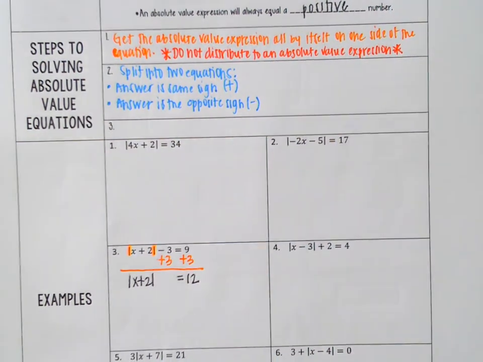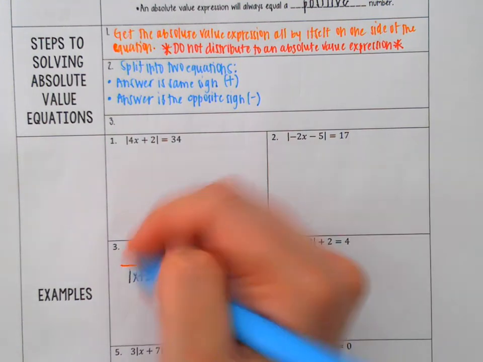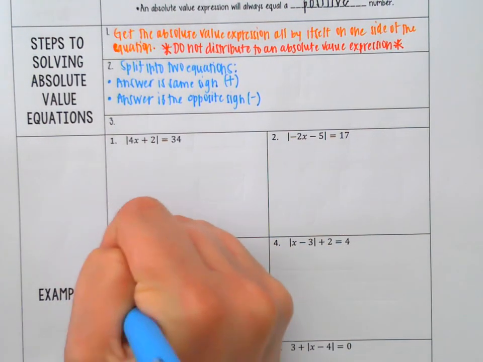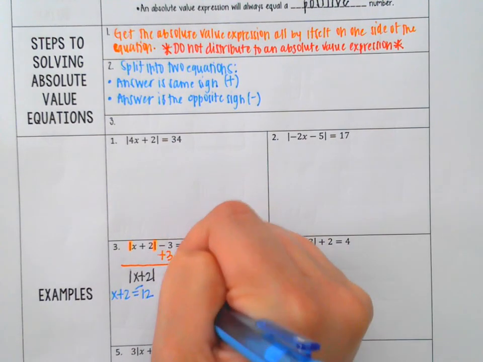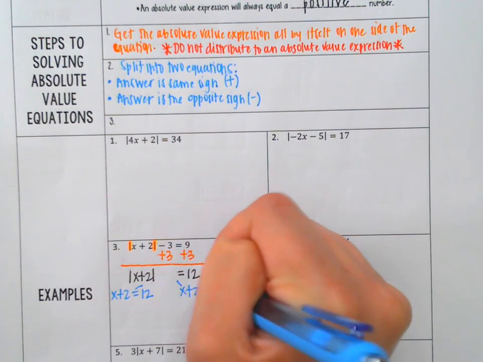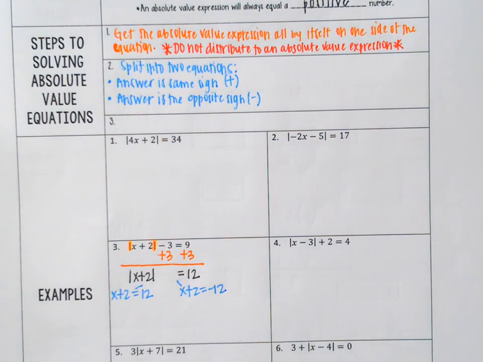So we're going to split this into 2 different equations. One where x plus 2 equals the positive 12, and one where x plus 2 equals the negative 12. So we're taking into account both the positive direction and the negative direction for distance. Now, one thing that's super important for absolute values: we do not change what's inside the absolute value symbols.